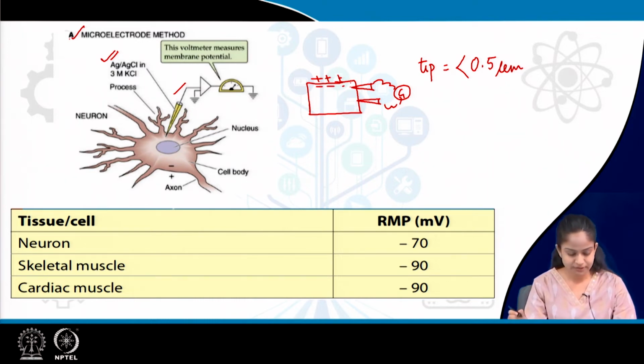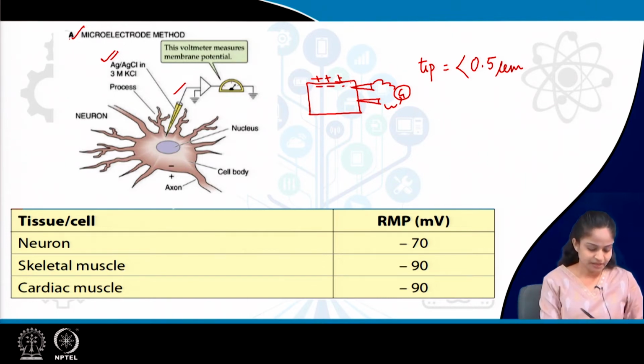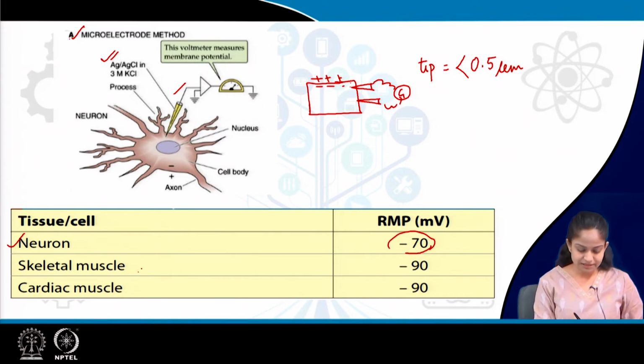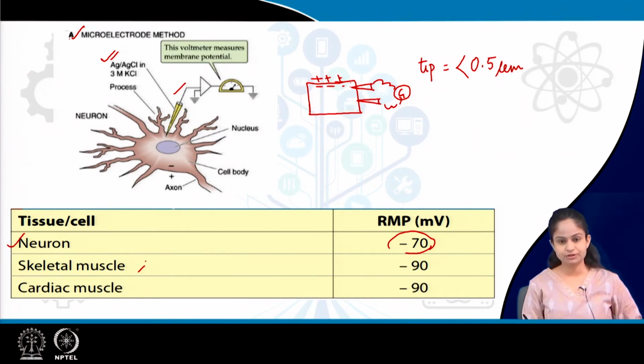So in this way we have various tissues or cells in our body which give rise to various resting membrane potentials. Now we see the neuron, or the nerve cell. It has a resting membrane potential of -70 millivolt, very important. The skeletal muscle has a resting membrane potential of -90 millivolt. Similarly, cardiac muscle has a resting membrane potential of -90 millivolt.